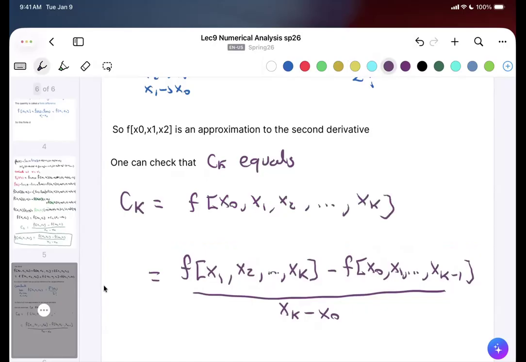But what is that? You delete the first factor, you get a divided difference. You delete the last factor, you get a higher order divided difference. So you take the difference of those higher order divided differences and then divide by xk minus x0. It is a very elegant formula.